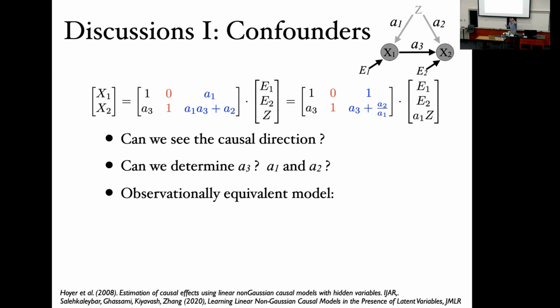Remember, in the linear non-Gaussian case, as long as the two things receive contribution from the same non-Gaussian variable, they are not going to be independent, right? As long as they receive contribution from the same non-Gaussian component, they will be dependent. Okay, so now you estimate this. If you estimate it, you know there must be a latent confounder. First question, do you know x1 causes x2?